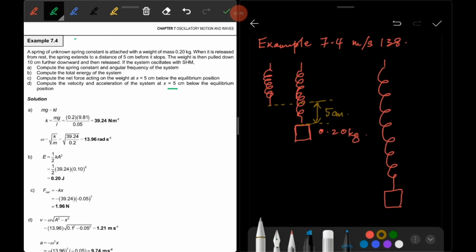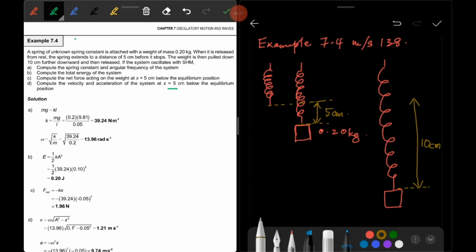From here to here is 10 cm. This is the situation of the spring. Compute the spring constant and angular frequency of the system.